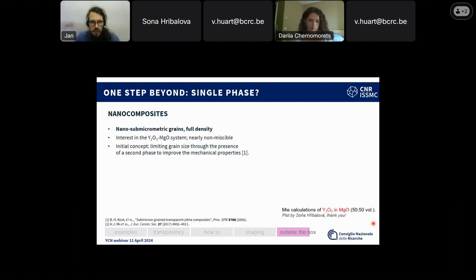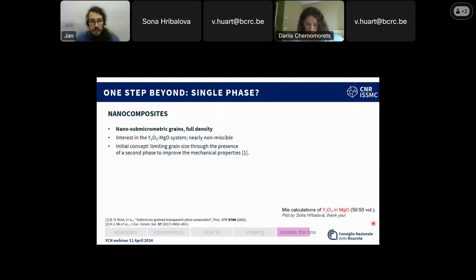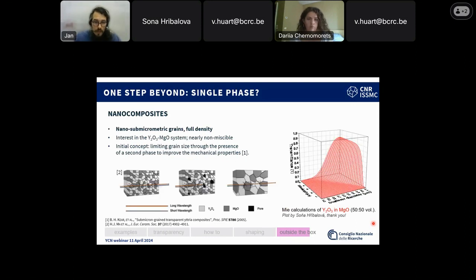Here we see two pictures where we can see translucent and transparent samples and their comparison. As I already said, it was explained before.